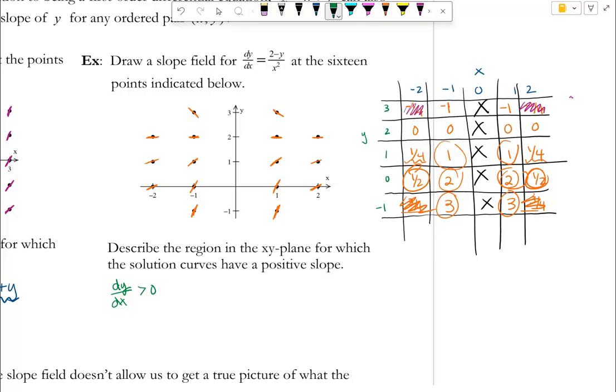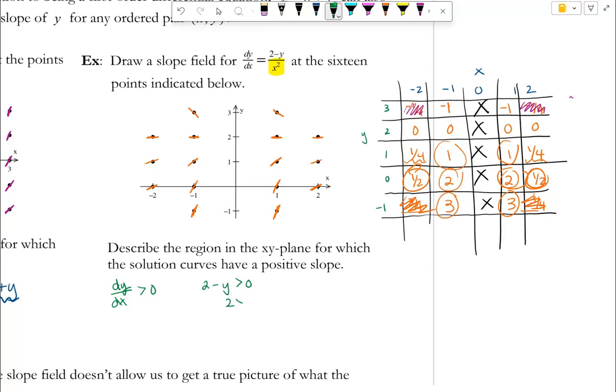So if I analyze dy dx, the denominator x squared is always going to be positive except for when I plug in 0 for x. So that means I would also need my numerator to be positive.